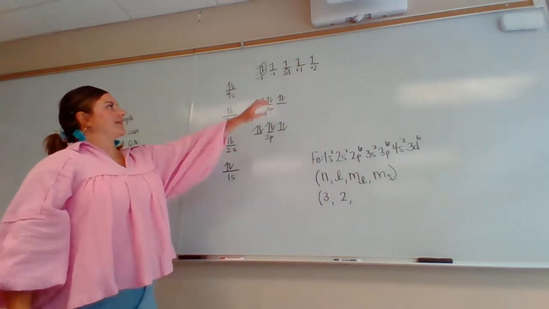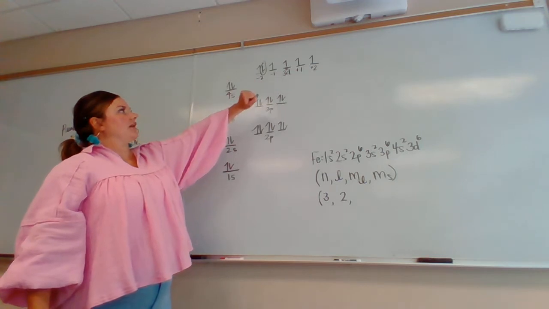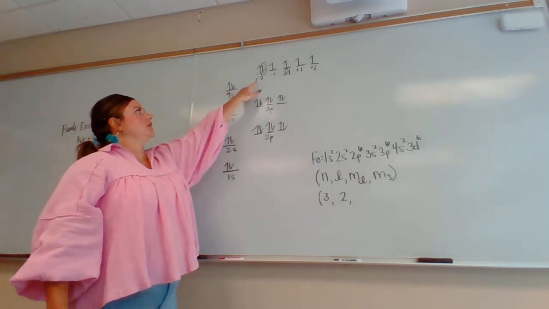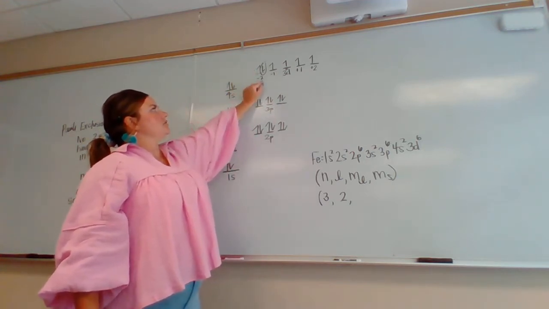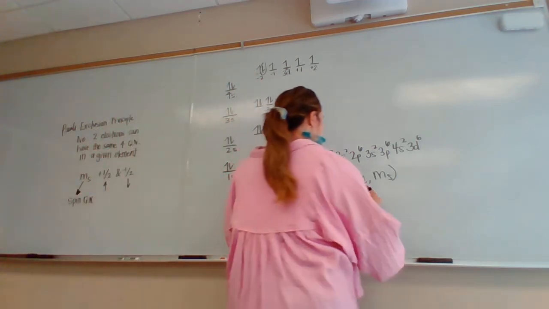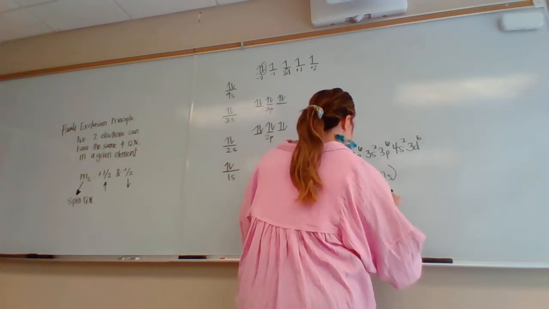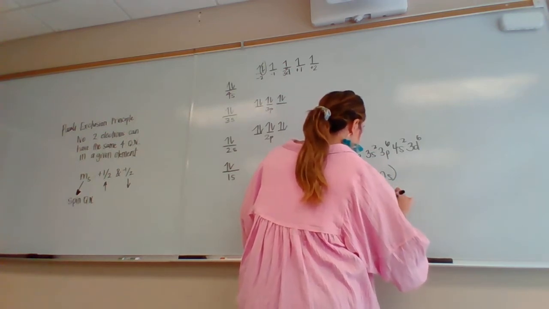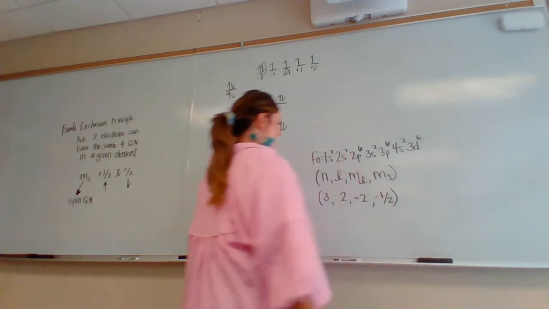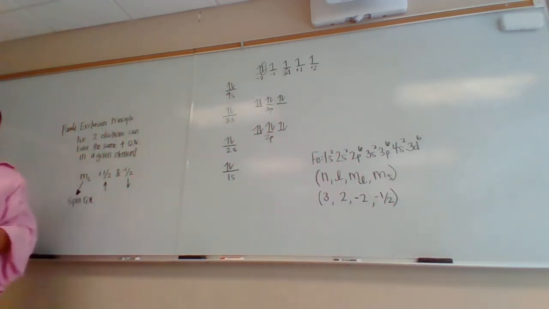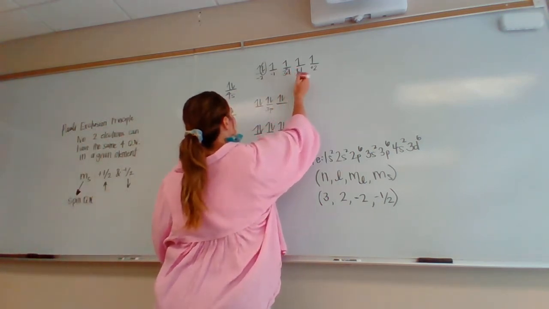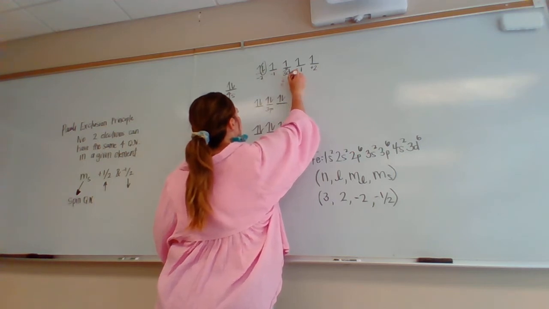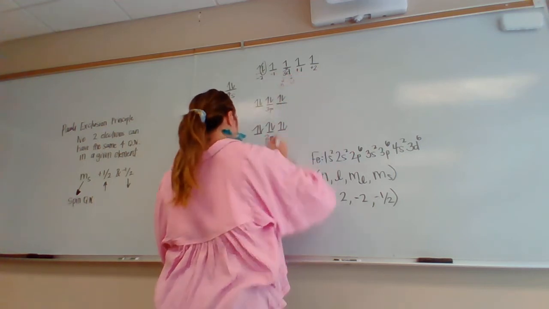If you're not sure where I got that, my m sub l values go from negative l to positive l. So I start at -2 and go to +2. The last electron lands in the -2 orbital. Then it is spin down, so -1/2.